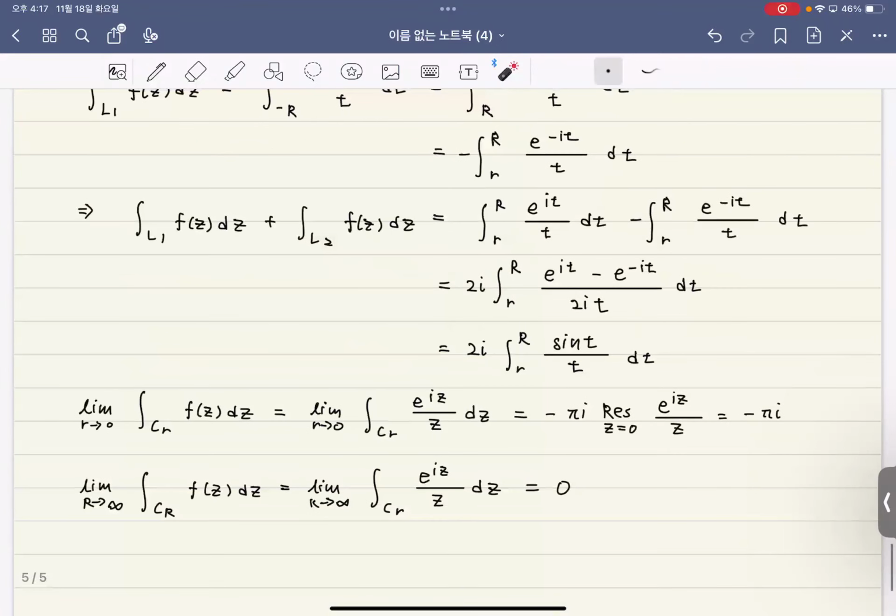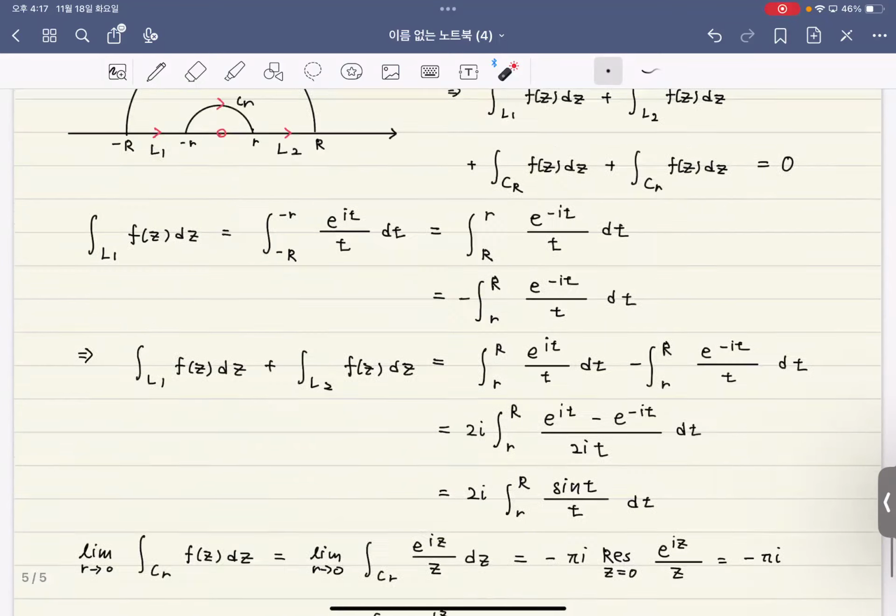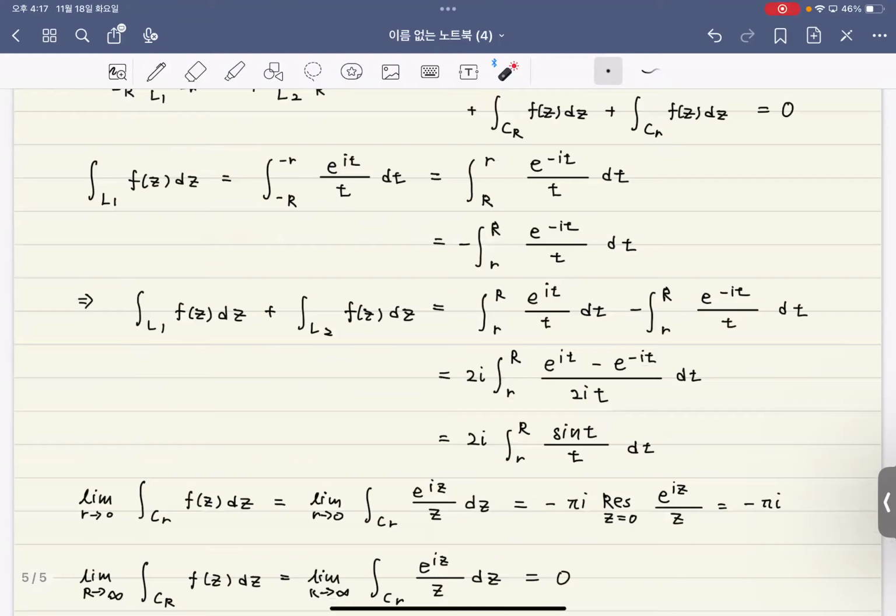All right. So as small r goes to 0 and large R goes to infinity, this one tends to minus pi times i, and this one tends to 0. And the sum of these two integrals can be written like this.